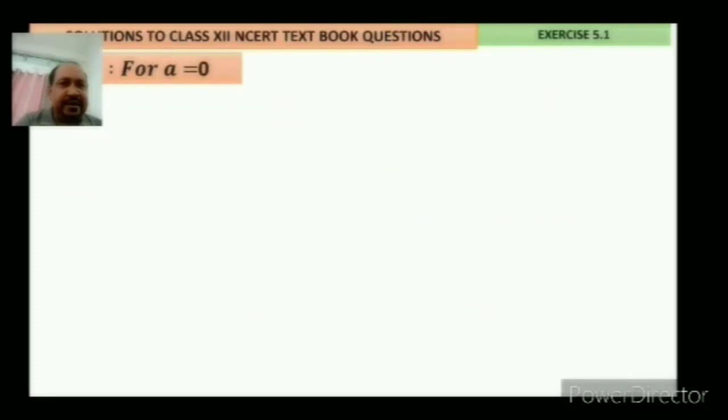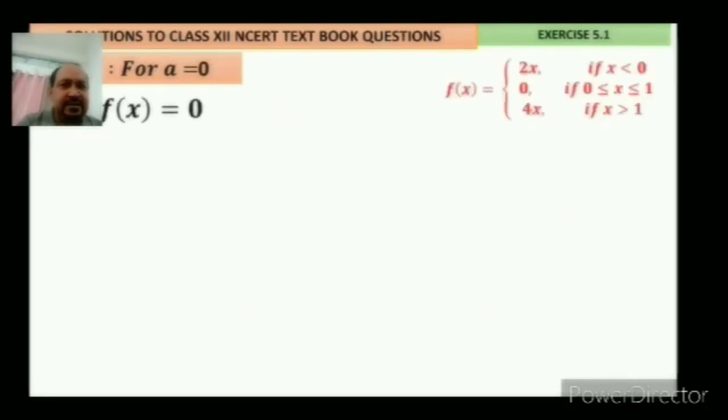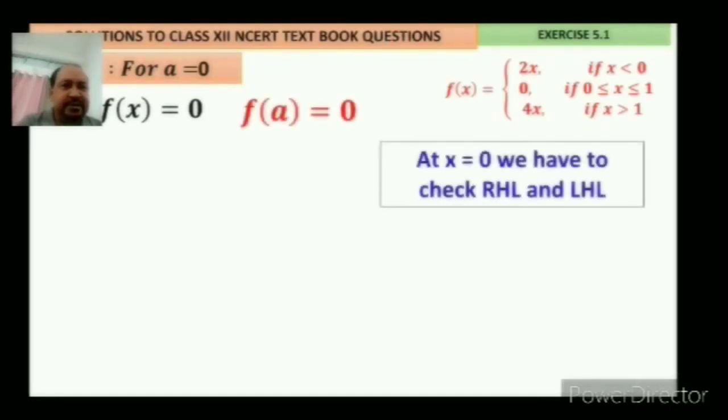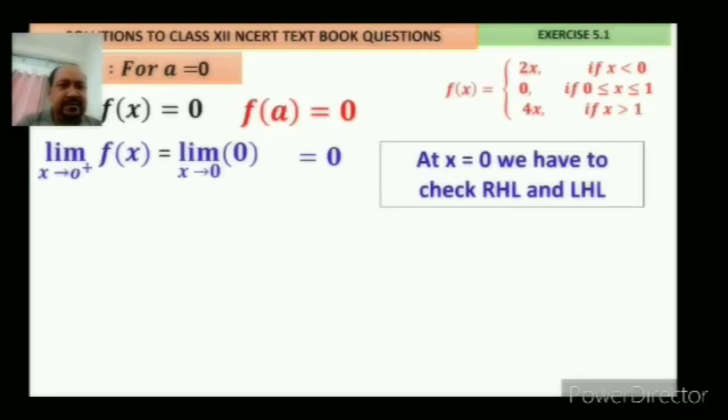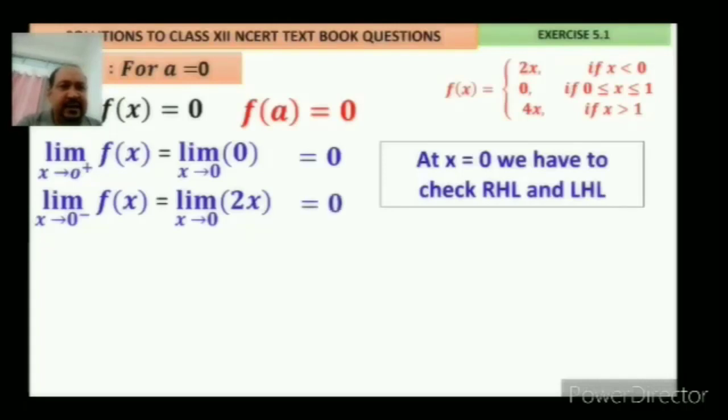For the next case, for a equal to 0, the value of the function is also equal to 0. F(0) equal to 0. Now you have to check RHL and LHL also. The value of RHL is 0. Also the value of LHL is equal to 0.